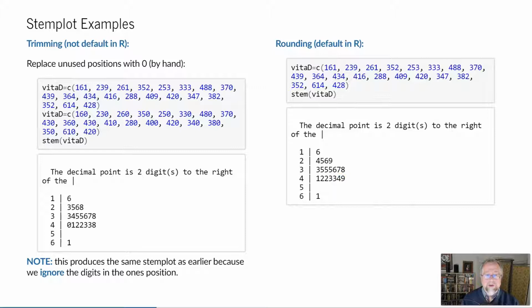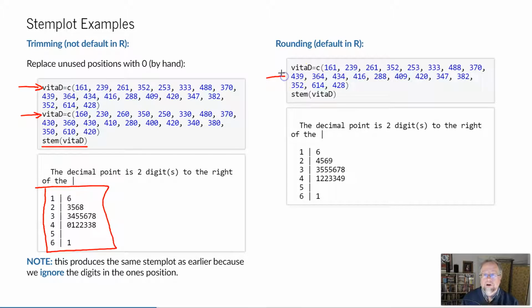In this example, I wanted to show you R. This is the original data set. The problem is R doesn't have a nice way to trim, so I had to actually trim it myself. So 161 trimmed to 160, 239 trimmed to 230, 261 to 260, and so on. And then I just used the R command stem. So this is what a stem plot would look like if I had trimmed.